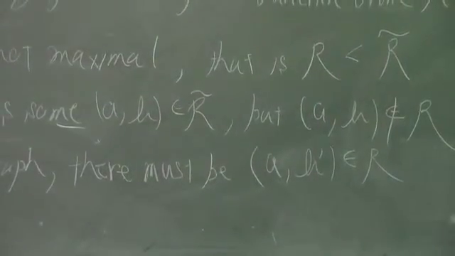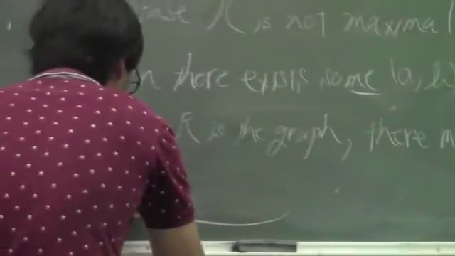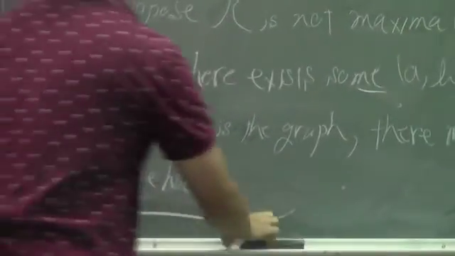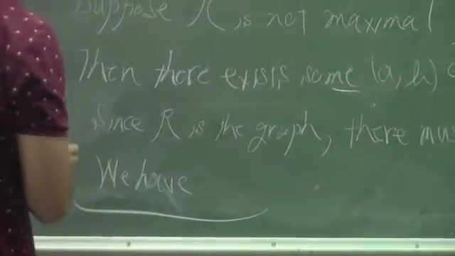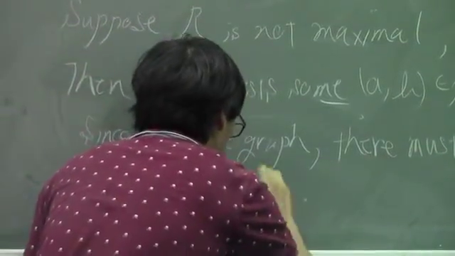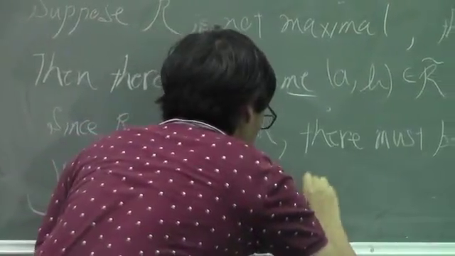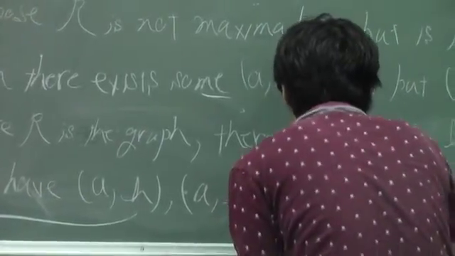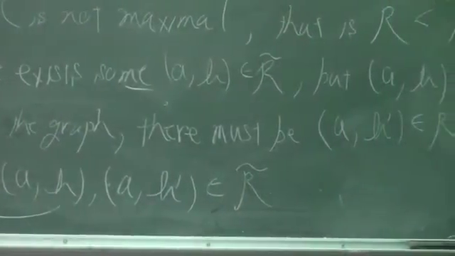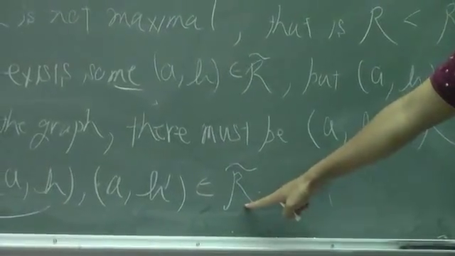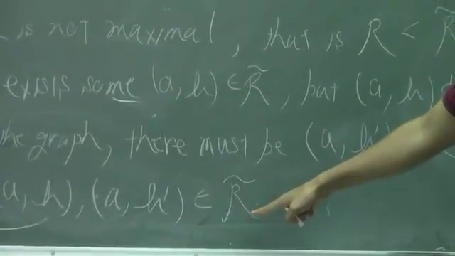So we have (a, b) and (a, b prime) belonging to R tilde, right? In R tilde, and b is not b prime, right? And this has to be injective, so it has to be well defined.